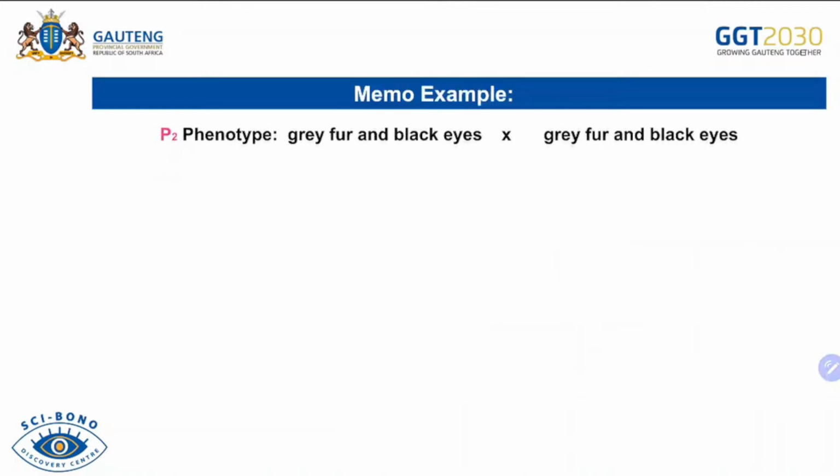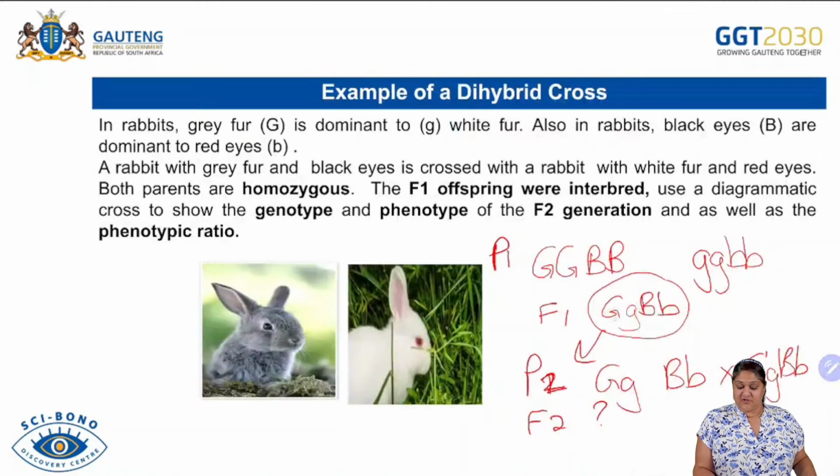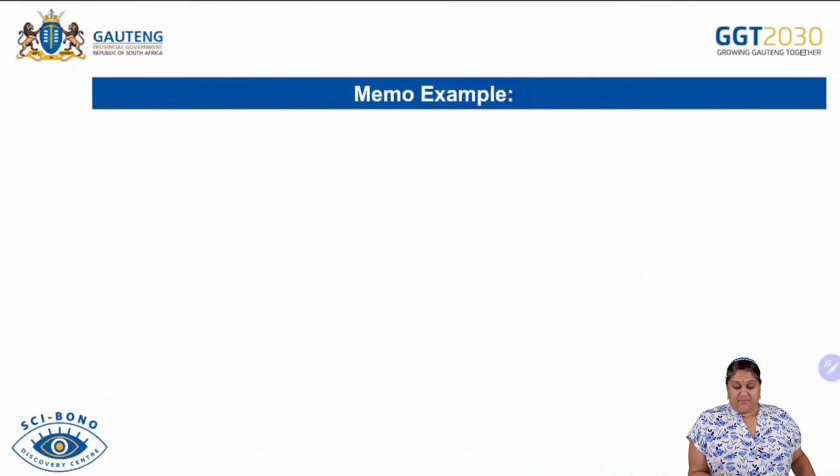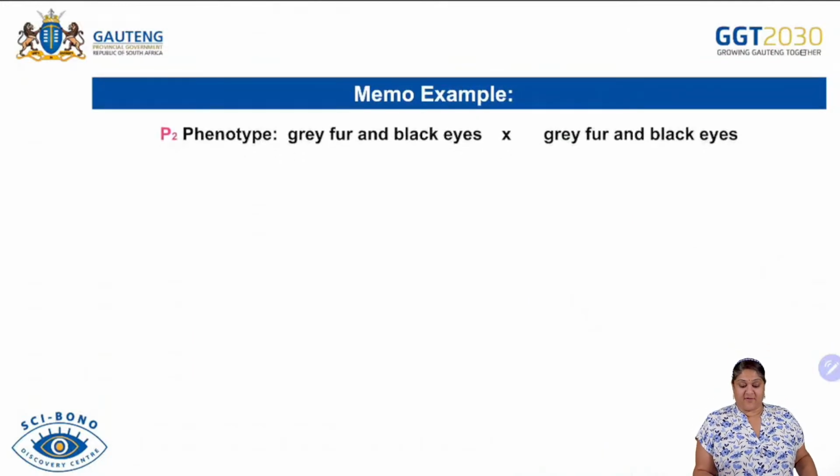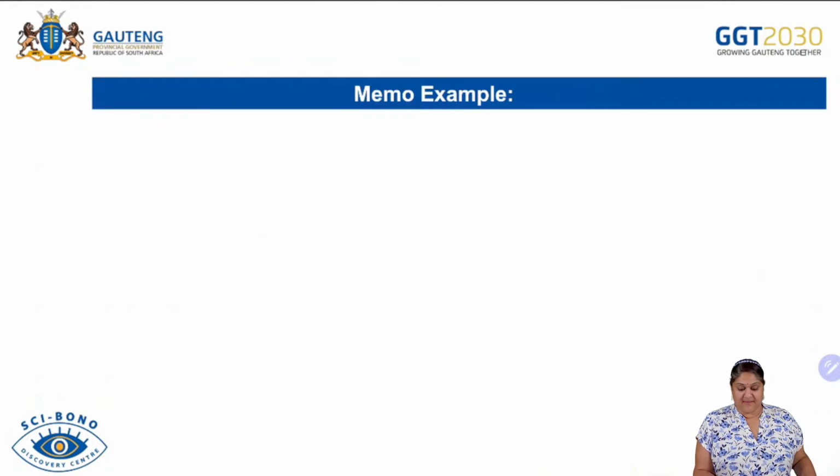So like we first said, we first have to identify the P2 phenotype. Okay, let's go back quickly. What are the phenotypes of these individuals now? Right. So here we have gray fur and black eyes.